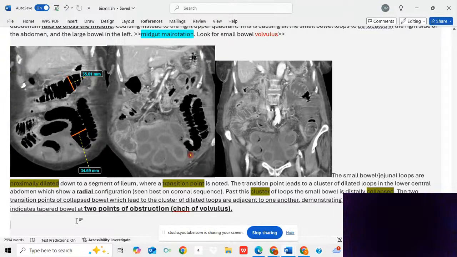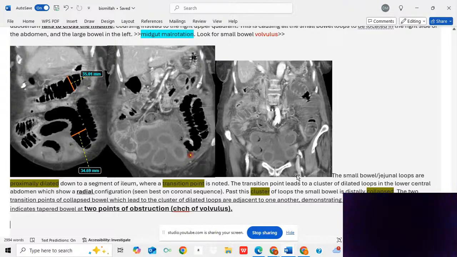The two transition points of collapsed bowel, which led to the cluster of dilated loops, are seen adjacent to each other, demonstrating the double beak sign, which indicates tapered bowel at two points, obstructed bowel at two points, which indicates two points of obstruction.